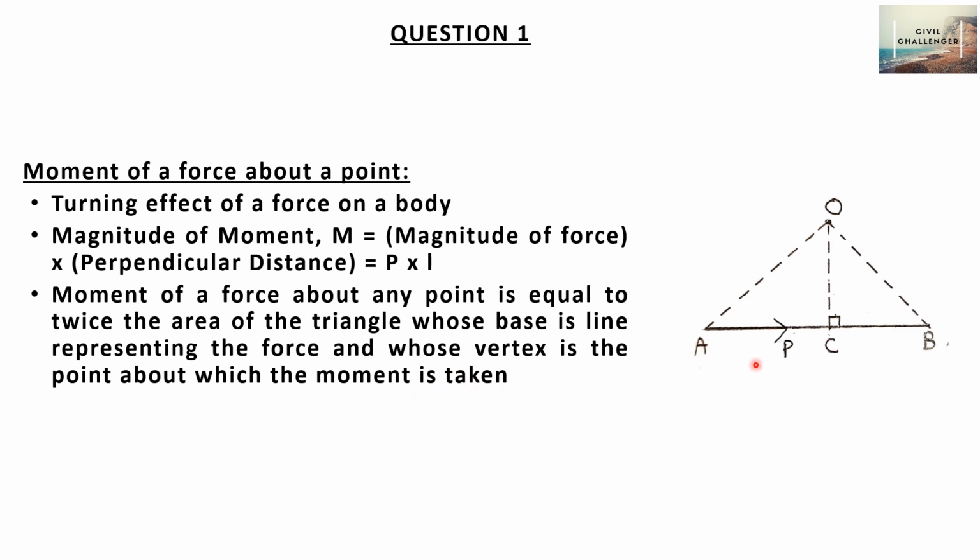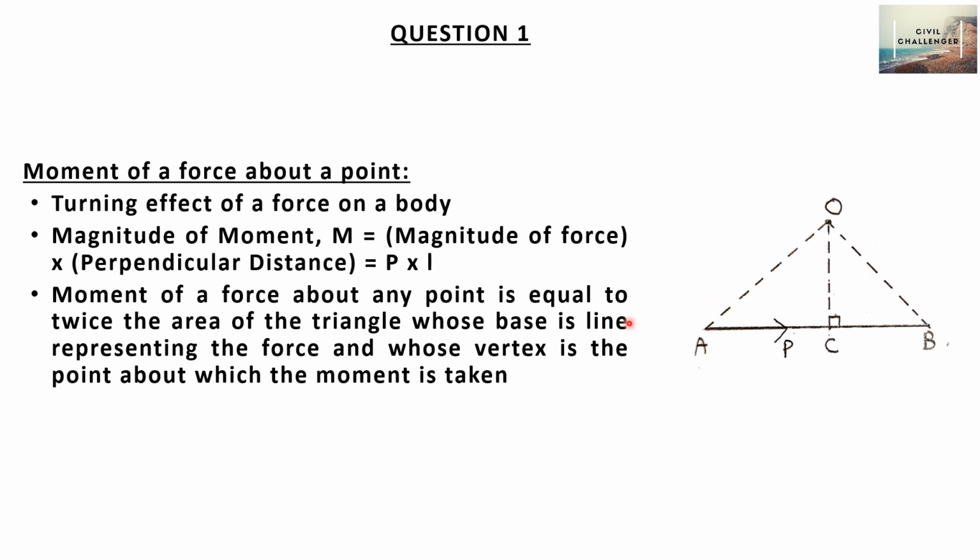If we consider this figure, if a force P is represented in magnitude and direction by the line AB, and we need to find the moment of this force about the point O, then we can simply calculate the area of the triangle and multiply it by 2.